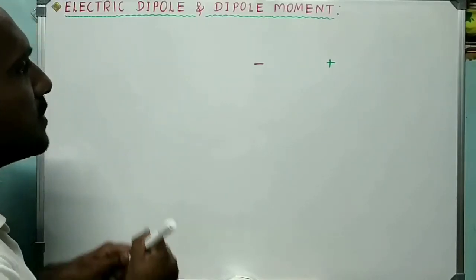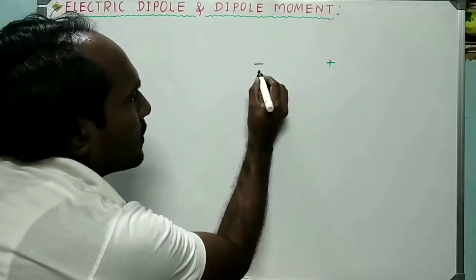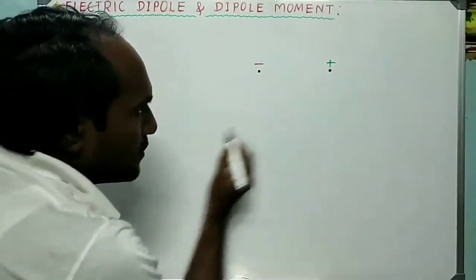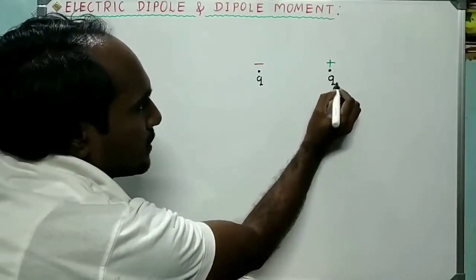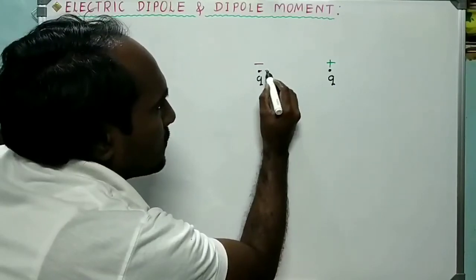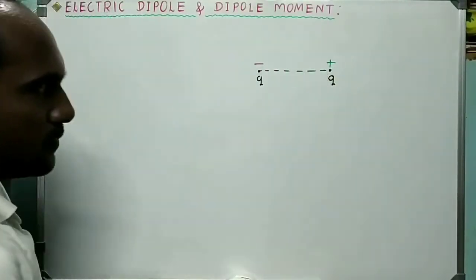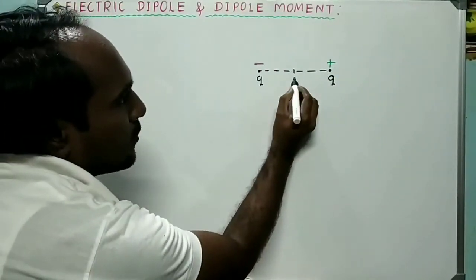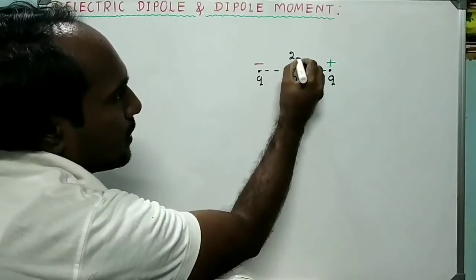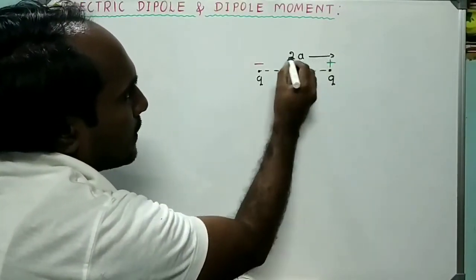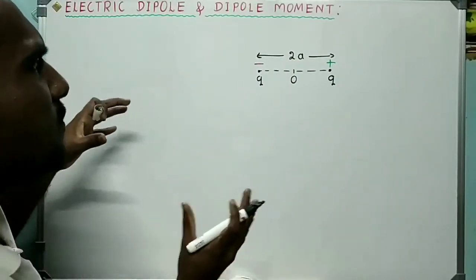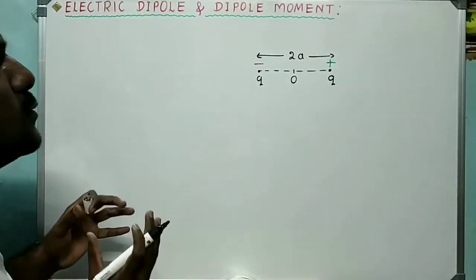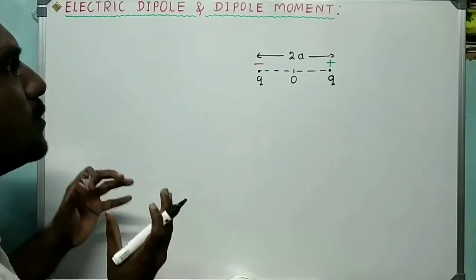Now see here, this is the negative charge, minus Q, and this is the positive charge, plus Q, and this is called the dipole length, with center O, and the dipole length is 2a. Getting the idea?